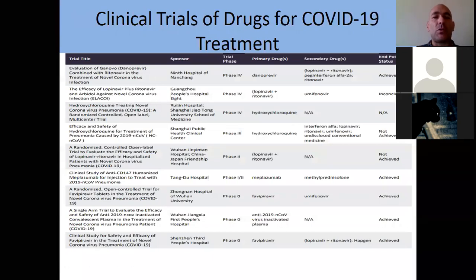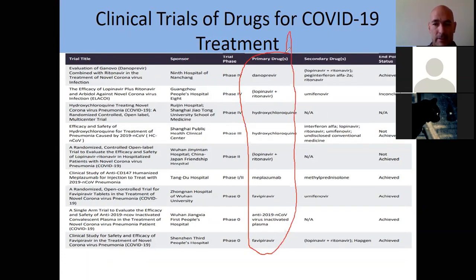Now you probably also heard a lot about the drugs that could help to actually treat this virus. I'll give you a brief table, kind of summarize a little bit, but here is basically the list of the drugs that are now in clinical trials.